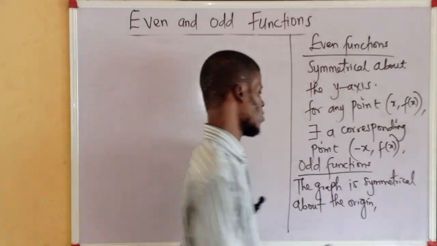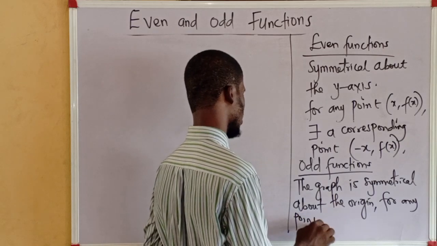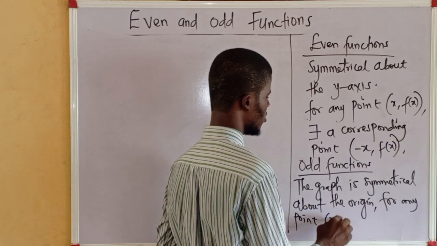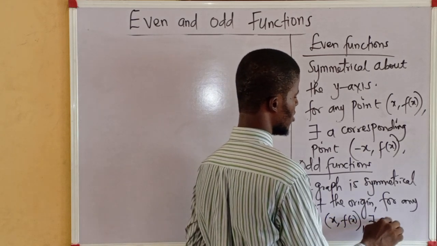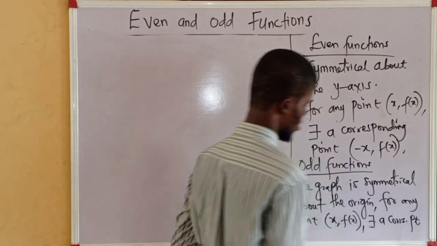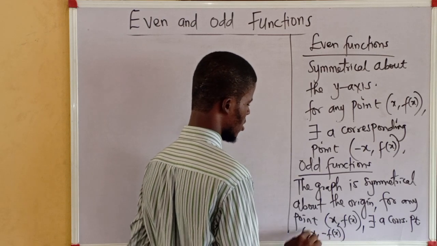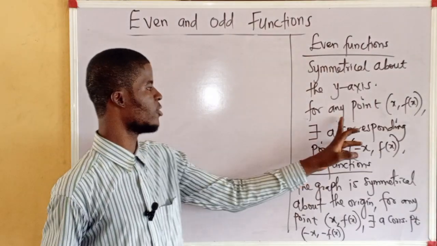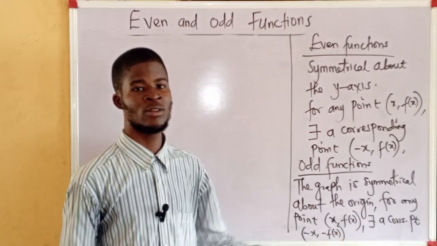That is to say, for any point on the graph, let's say minus x, f of x, there exists a corresponding point minus x comma minus f of x. This is it for odd functions. So while the even function is symmetrical about the y-axis, the odd function is symmetrical about the origin.